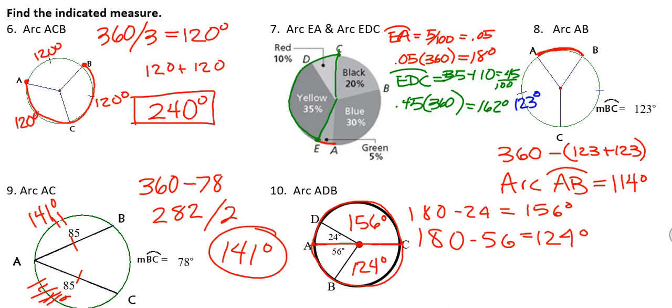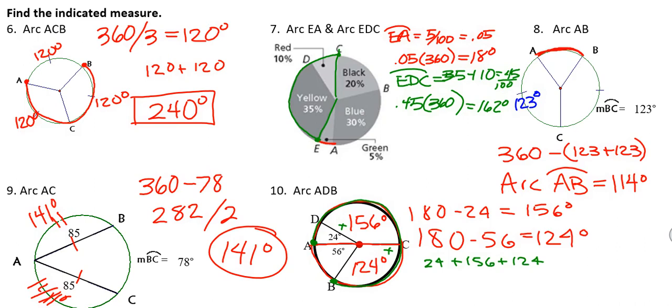So now this asks us for arc ADB, and again, go in the order that the letters are given, A, D, all the way around here to B. So now honestly, there's several ways to do this. We could add 24 plus 156 plus 124.